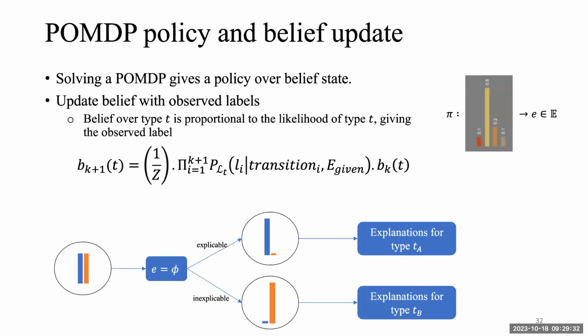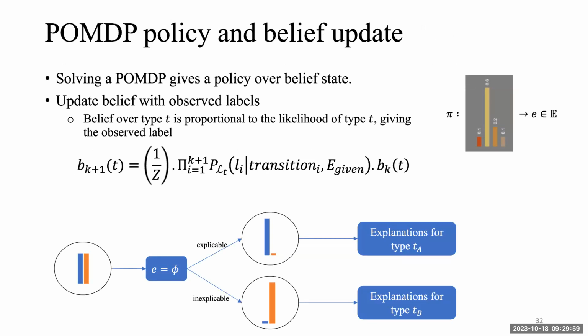The belief state is our inferred probability distribution over the possible types of the current user. So here we are saying that there is a 60% chance that the current user type is type 2. So the POMDP gives us a policy from this to what explanation the agent should give.